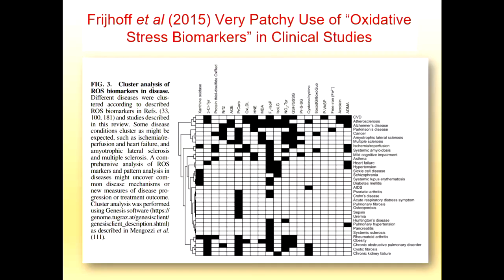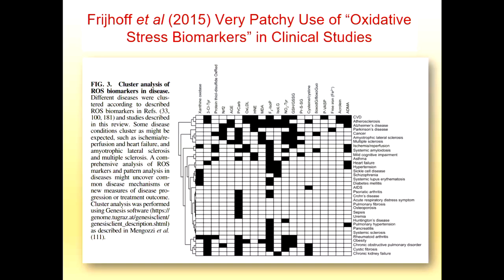So if you go back and look at the literature and have a look at the disease settings in which antioxidants are being tested, and you ask what were the biomarkers being measured in those clinical trials and were they appropriate, you can see it's highly patchy.